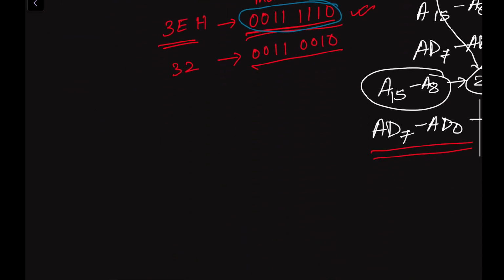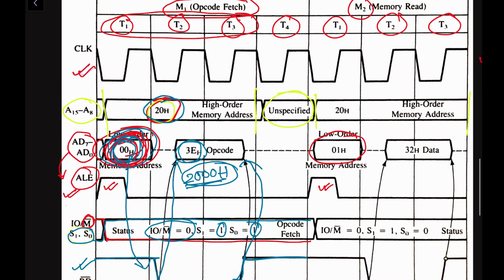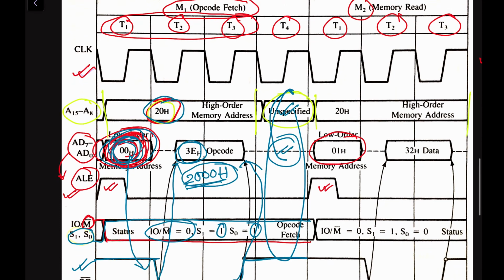When the microprocessor receives this opcode in the first 3 clock cycles, in the 4th clock cycle the bus is in a high impedance state, unspecified. During this period the microprocessor will decode the opcode. That means the microprocessor will understand what operation it is going to perform. So this is all about the opcode fetch operation.